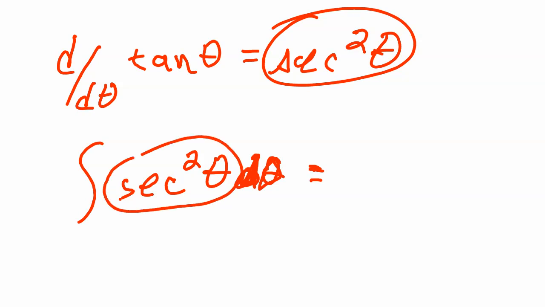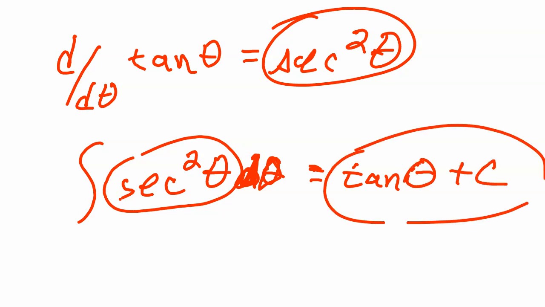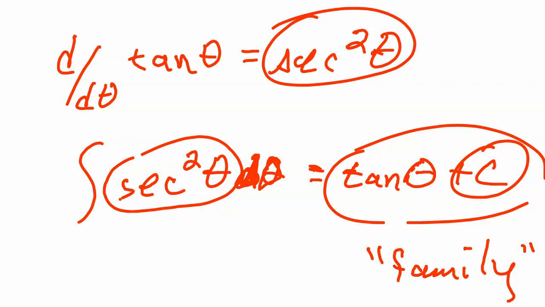Well, the derivative of tangent is secant squared. So this would be tangent theta, but what do I got to add? I got to add a plus c there, right? Because if I take the derivative of the right side, the derivative of a constant is 0 also. So tangent theta plus 5 would also be an antiderivative. So we have a family of antiderivatives. That's why we put the plus c. So unless you're given more specific information, that's what we're going to go with.